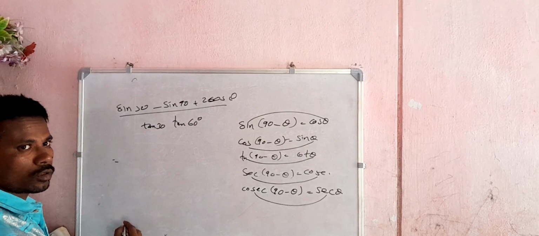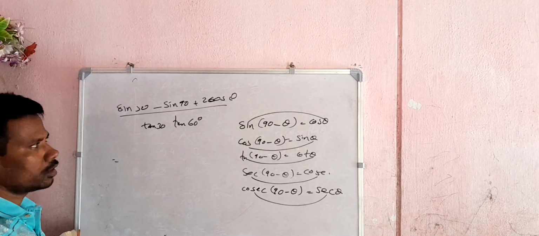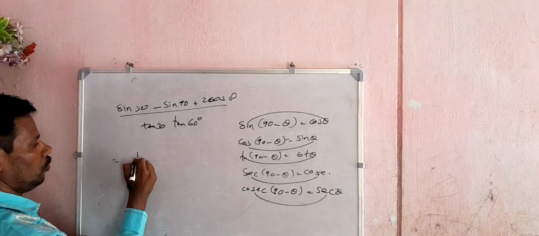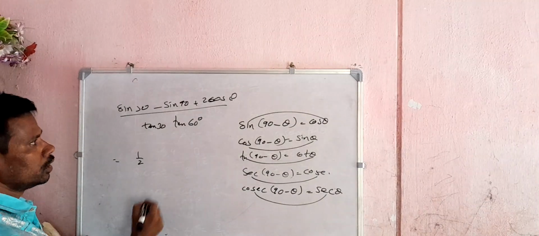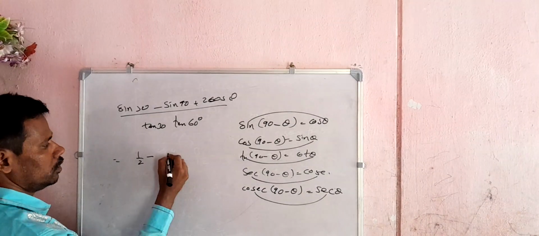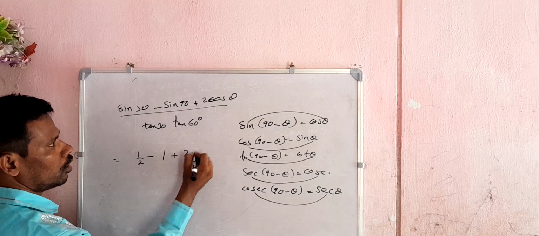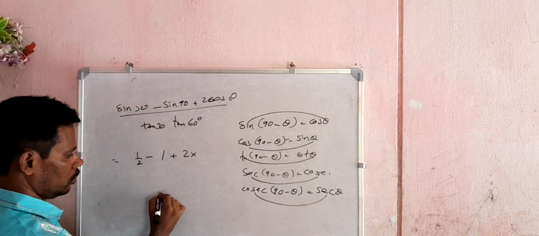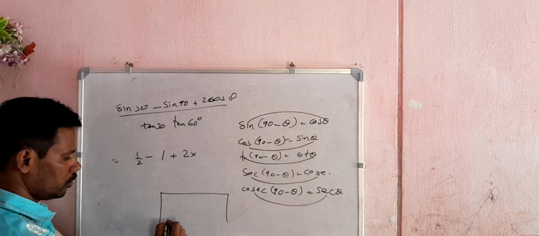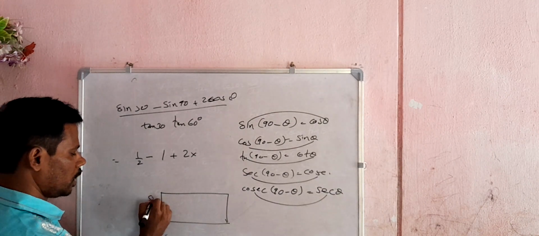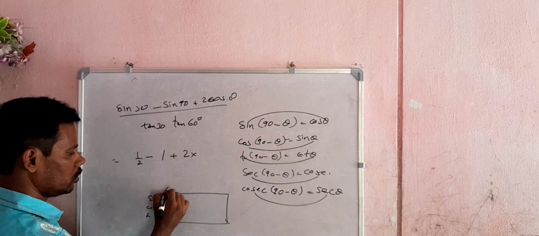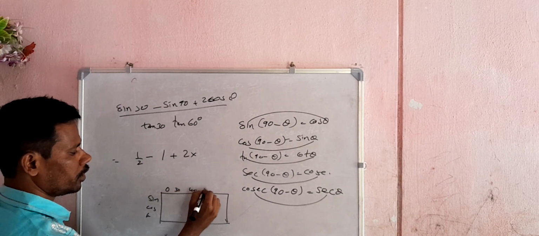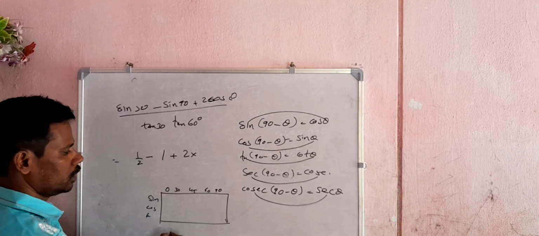Sin 30, what I told, you need to master the table. Sin 30 is 1 by 2. Sin 90 is 1, plus 2 into cos 0. What is cos 0? Just now I have shown the table: sin, cos, tan for 0, 30, 45, 60, 90.